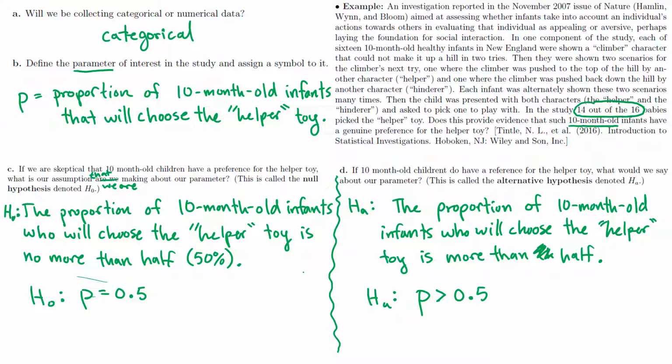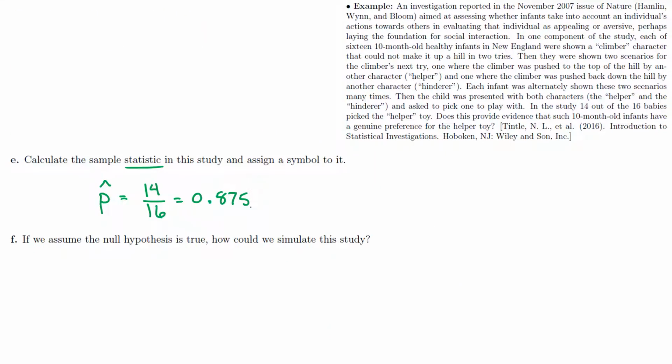So the question we now have to answer is, when you get something like 87.5%, when you were starting with the idea that the percentage should be 50, does that provide enough evidence for you to now conclude that there actually is a preference for the helper toy? That's what we have to figure out. So that's what we're going to do in part F.